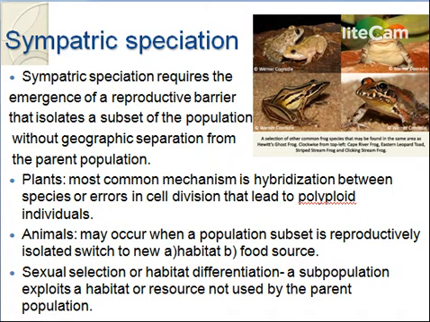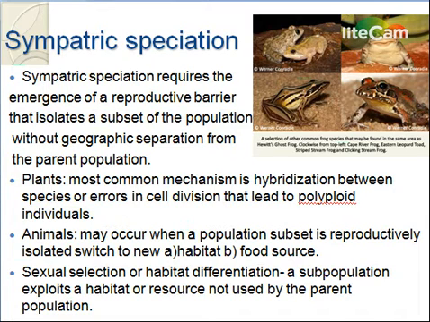In animals, we're going to see sympatric speciation when a population is reproductively isolated, or they can also switch to a new habitat or to a new food source that causes them to be separated from another part of their population.